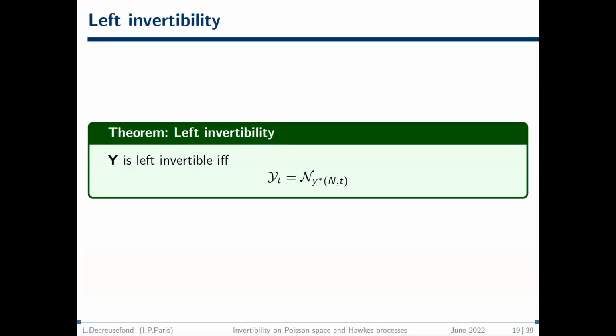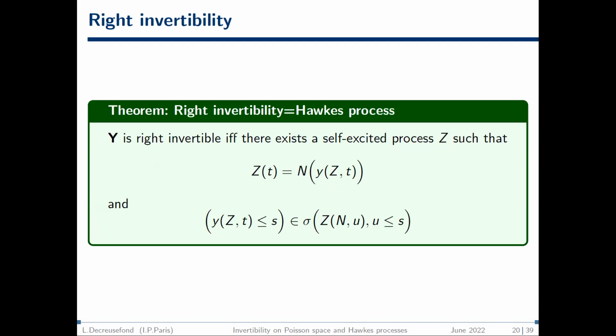And the next theorem is even better. Y is right invertible if and only if there exists a process Z which satisfies Z of t is equal to n of Y of Z of t.